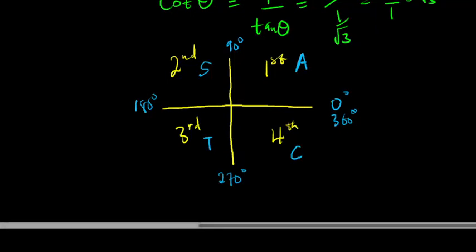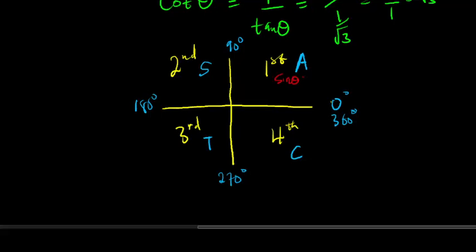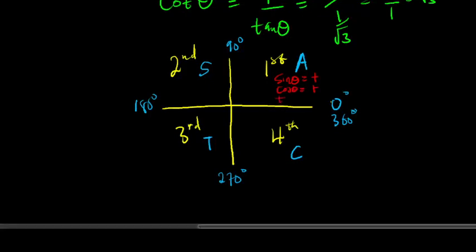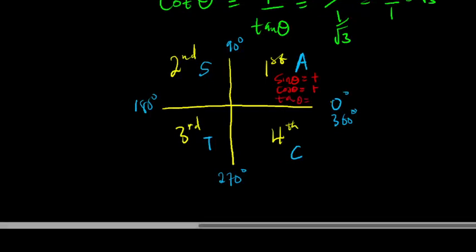So let me break it down for you. In the first quadrant, sine theta is positive, cos theta is positive, and tan theta is positive.